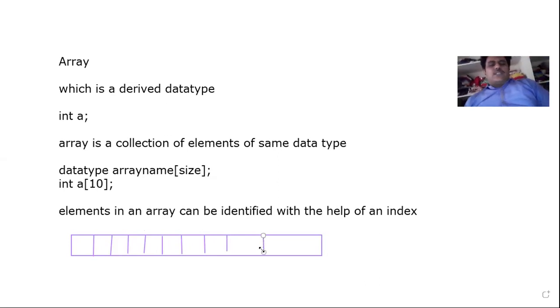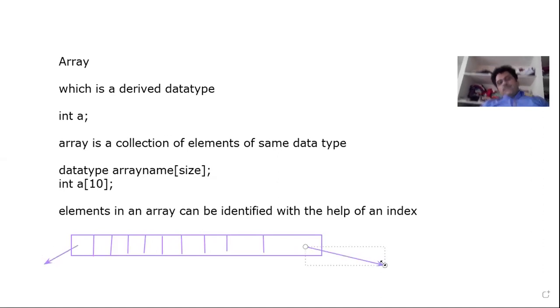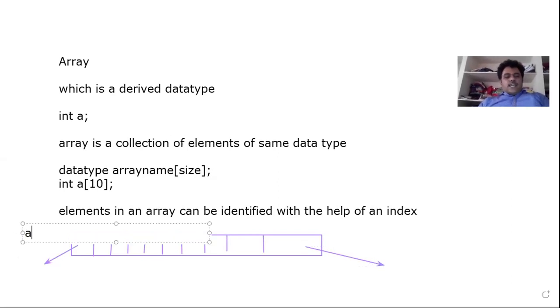We can take any size, it doesn't matter. So here the total number of blocks is 10. This is the first block and this is the last block. So this is array A of size 10.